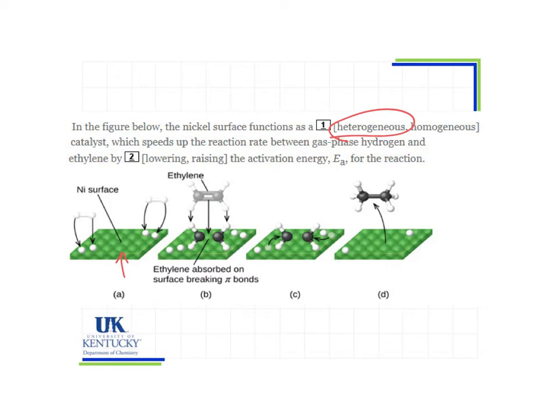And the second part is lowering, and that's always how a catalyst works. The activation energy is the mountain that has to be climbed of energy between the reactants and the products. And a catalyst always works by lowering that mountain. So it's a lowering of the activation energy.